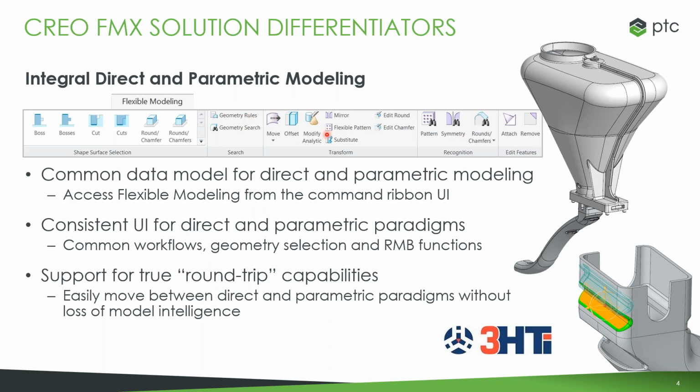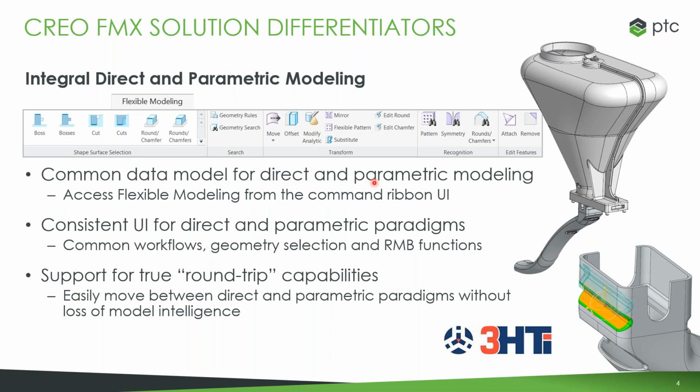Move on to modify that geometry in some way, and then even start to recognize patterns, like bolt patterns or any sort of pattern that exists. Creo will be able to pick that up, recognize that, and then allow us to make edits to that pattern. But the key here is that common data model for direct and parametric modeling. So I can do both.